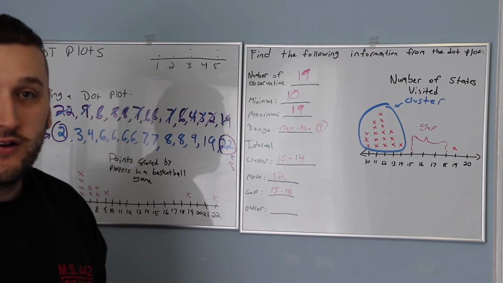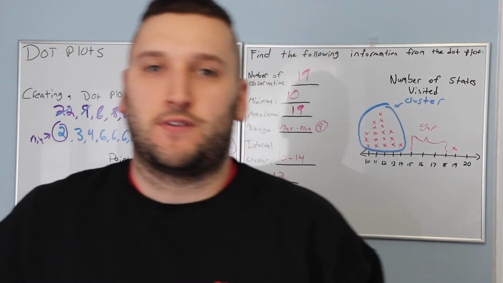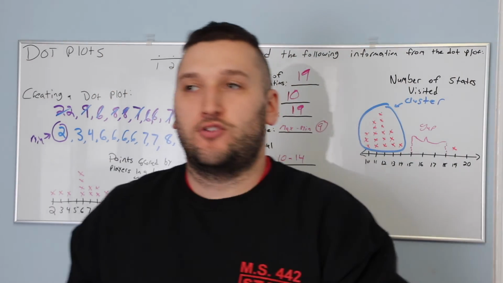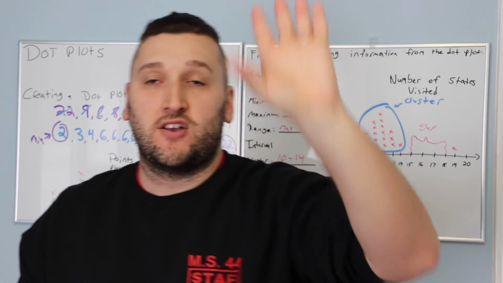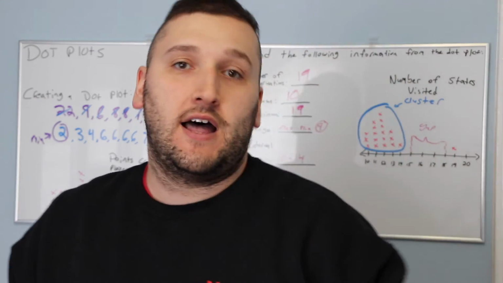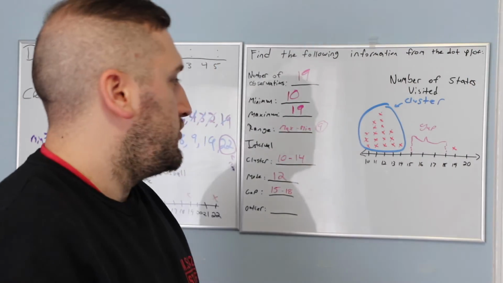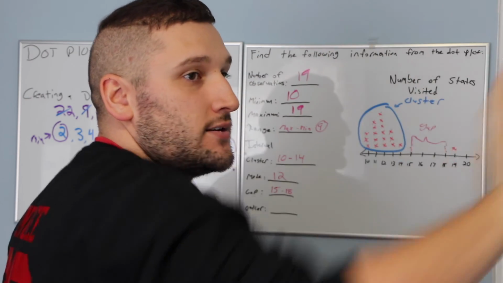And an outlier, if you ever heard that term before, an outlier means something that is much different from the rest. Right? If you think of it in terms of sports, people would say Michael Jordan or LeBron James are an outlier because they're just so much better than a lot of NBA players that have been. Right? So they're an outlier. So that outlier means he is so far away or distant from the rest.